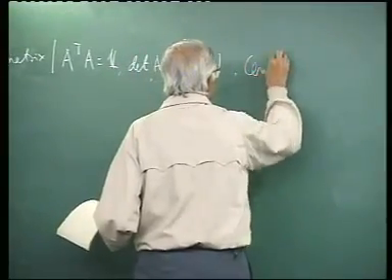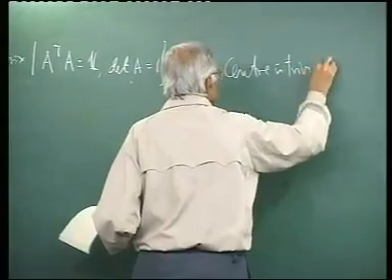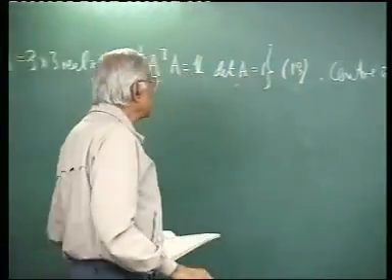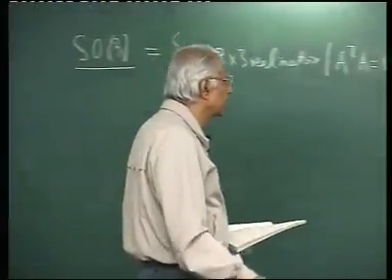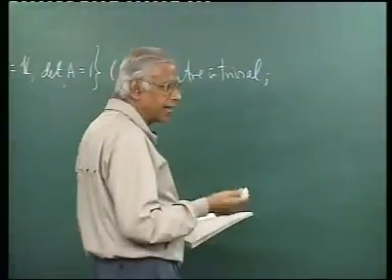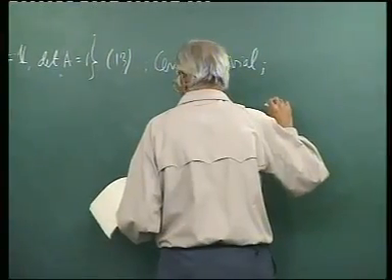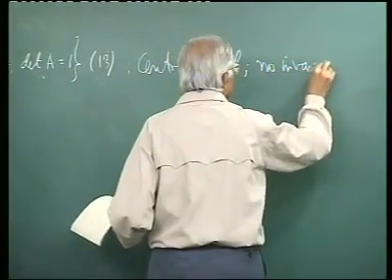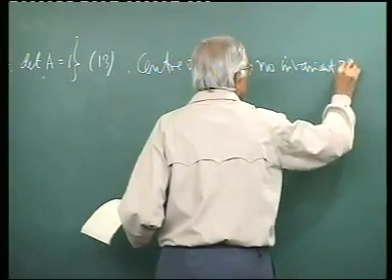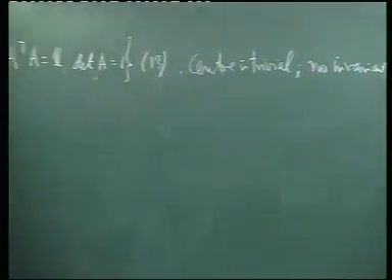Here are some other facts which I will leave to you to convince yourself. The only element of SO3 which commutes with all elements is the unit element. So the center is trivial. Again, very different from SO2. It has no invariant subgroups, so it is a simple group.